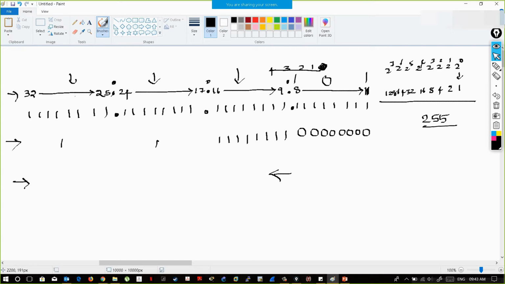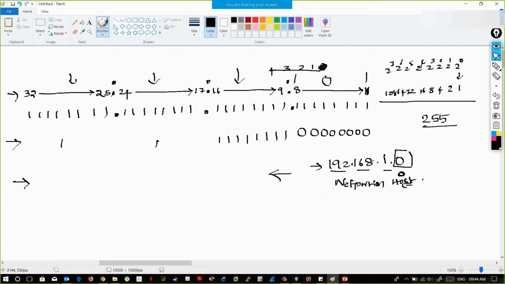It means that for my IP 192.168.1.0, these three octets are the network portion. And wherever I have zero, it means it is the host portion.